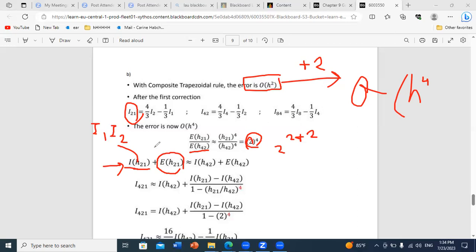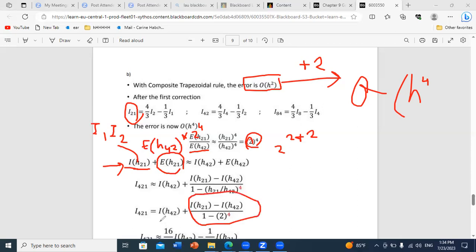So we can replace this by error h42 times 2 to the power 4. Then, as we did in the previous case, we do the development and we can write an approximation of the error. This is the approximation of our error.